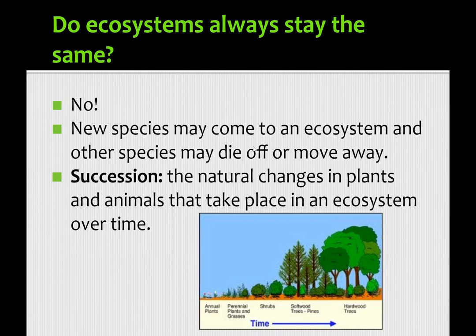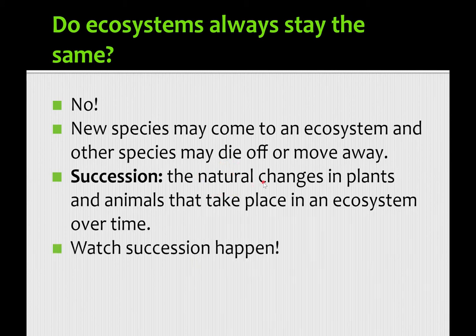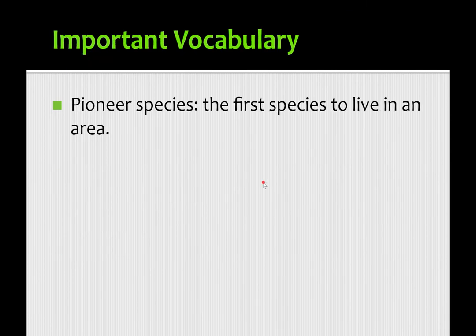So there is an order to how plants and animals develop in a given ecosystem. For example, the very first species to live in a new environment is called a pioneer species. Hopefully we've heard of pioneers, the first people to move out west when we were growing the United States back in the 1800s.